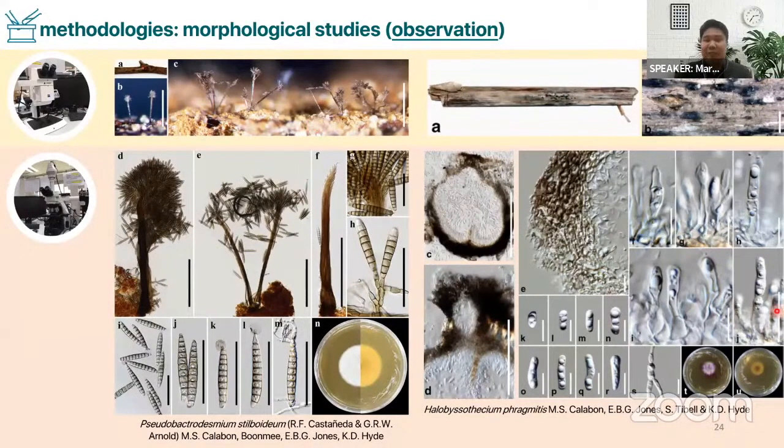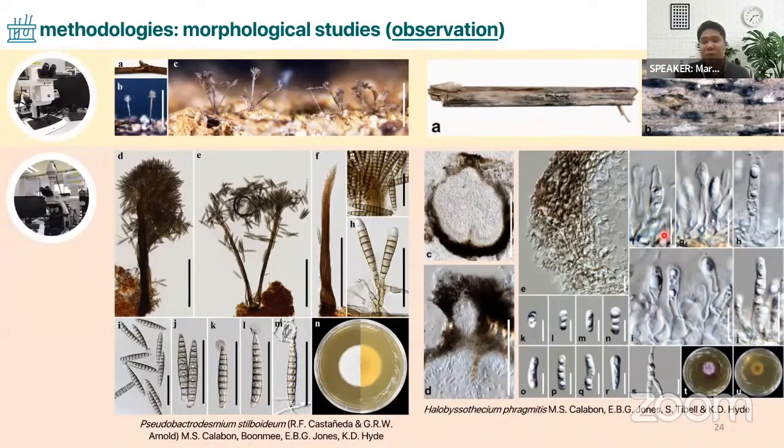This is a coelomycete. In a coelomycete, you can have the whole fruiting body here. This is the conidiomata, the wall, and you can see the conidiogenous cell. This is very important when you want a detailed morphological description. This one we synonymized and introduced as a new combination.